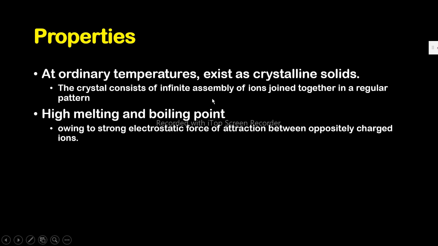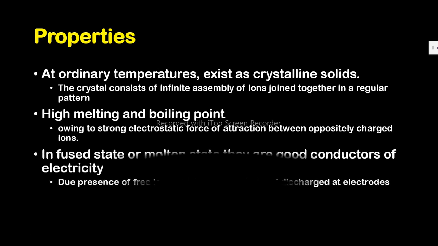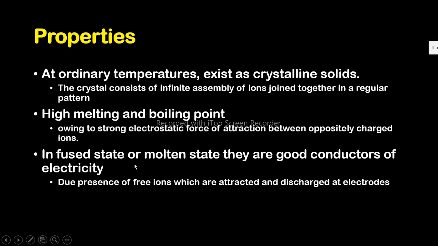As a result, they have high melting and boiling points, due to the strong electrostatic forces of attraction, the ionic bonds formed by these compounds. In fused or molten state, they can conduct electricity.